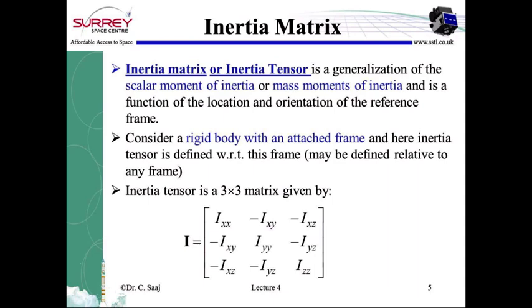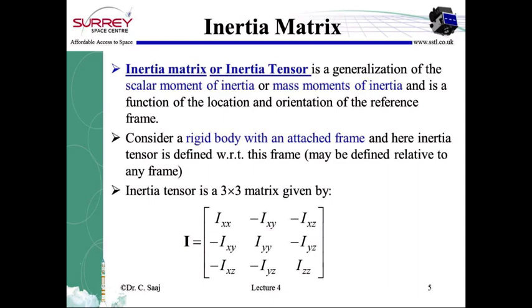Here you need to note that the scalar moment of inertia, which is also known as the mass moment of inertia, that is the product m r square, is defined with respect to a fixed rotational axis. Its SI unit is nothing but kilogram meter square.